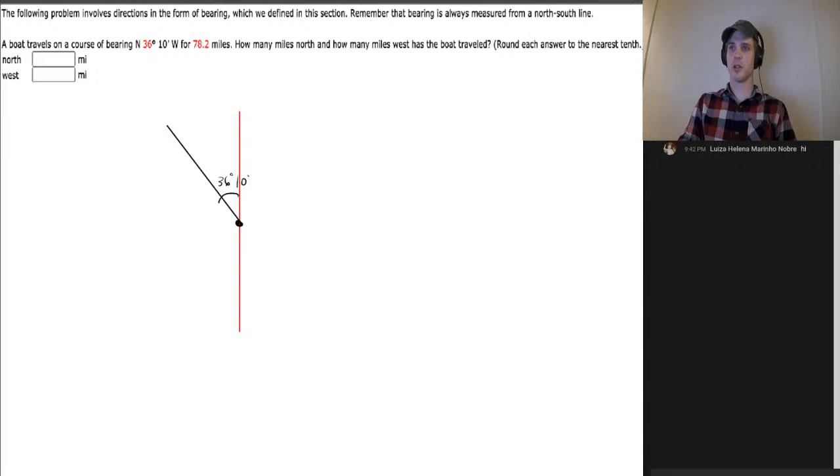And then they do that for 78.2 miles. How many miles north and how many miles west has the boat traveled?